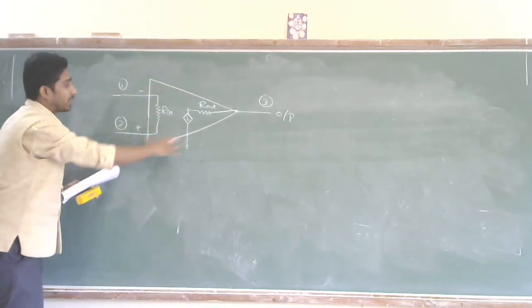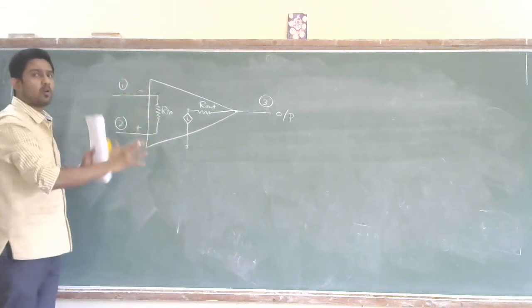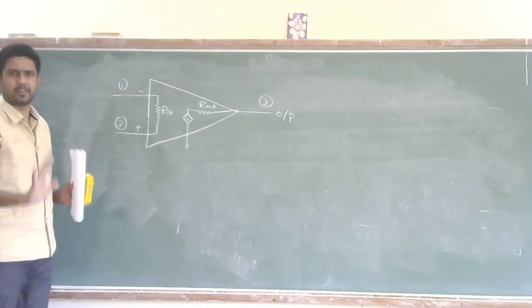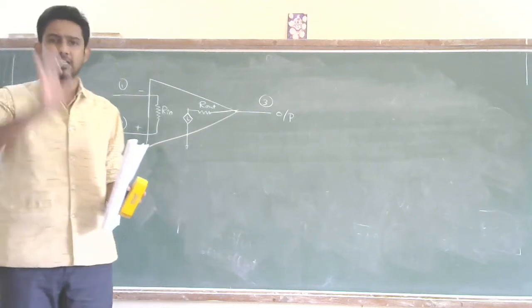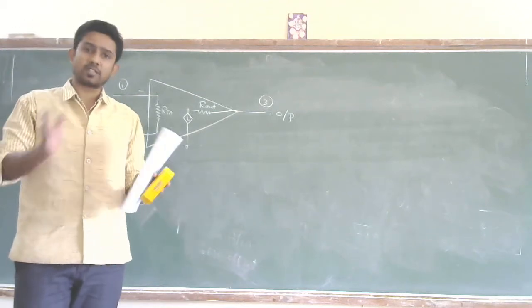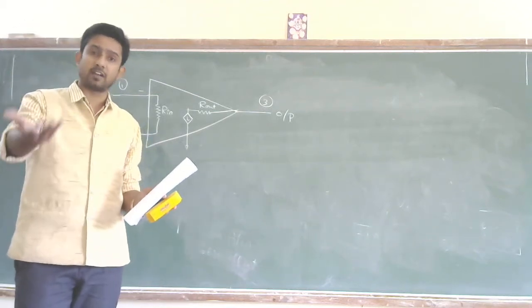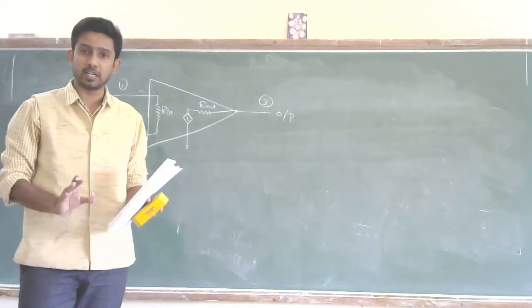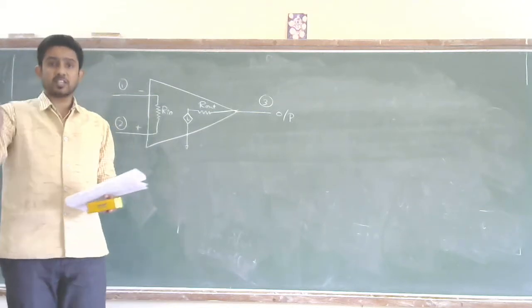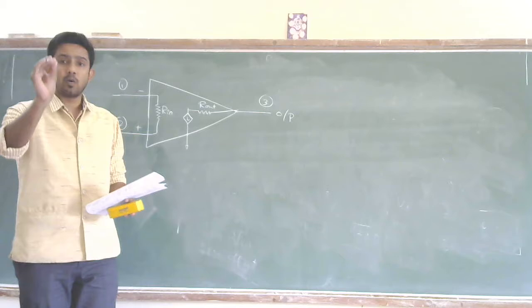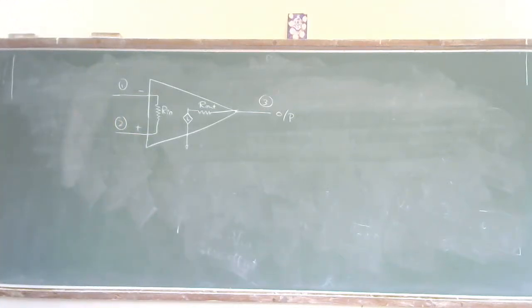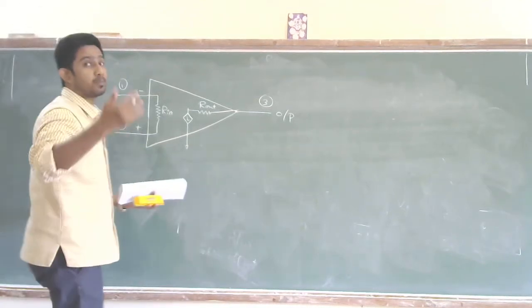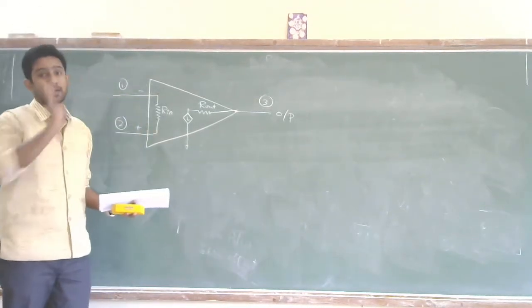Now I'll try to restructure this op-amp as a simple amplifier, because we all know that the op-amp is basically a voltage amplifier. Of course, I can use it as a different kind of amplifier also with small modification, but as such the op-amp does voltage amplification. So if I want to understand how exactly a voltage amplifier behaves, the op-amp is the best example.